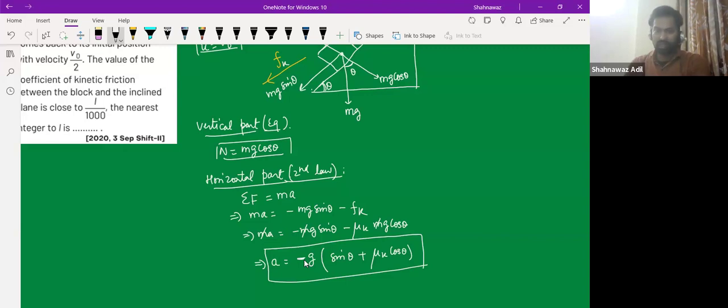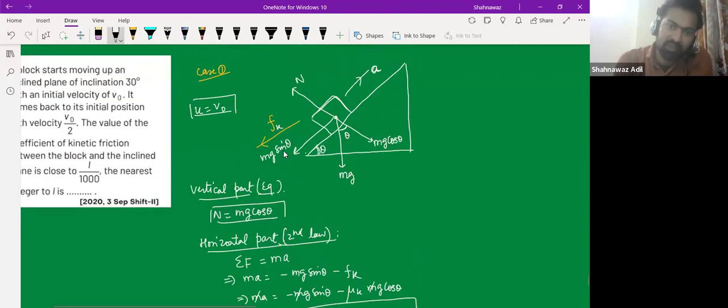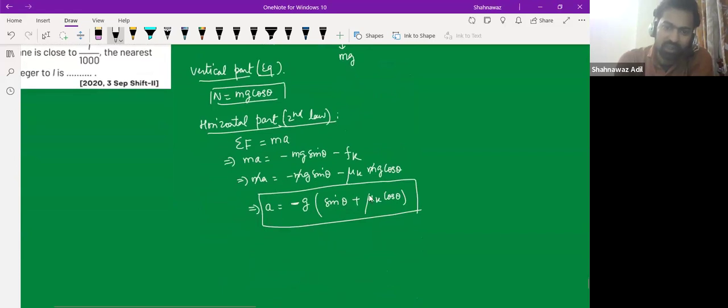Retardation, right? Which means that if it is starting with v naught velocity, it will lose its speed, and at this point it will become zero. So final speed will become zero, because it is retarding. So we have initial speed v naught and final speed zero.